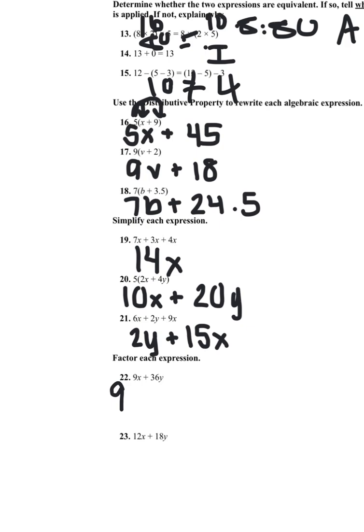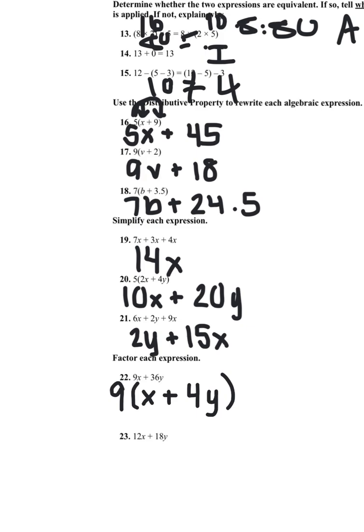So we're going to remove our 9 to the outside of our parentheses, and then we're going to add our x, carry our symbol down, and we took 9 out of 36. So to find the number that goes in the parentheses, we'd have to divide 36 by 9. 36 divided by 9 is 4. So we are left with 4y. Then if you were to reverse it and use the distributive property, you would end up with 9x plus 36y.